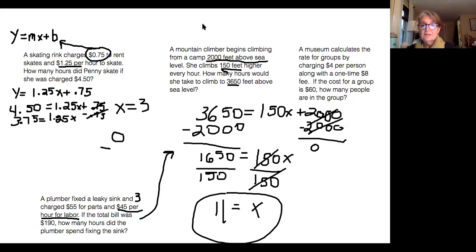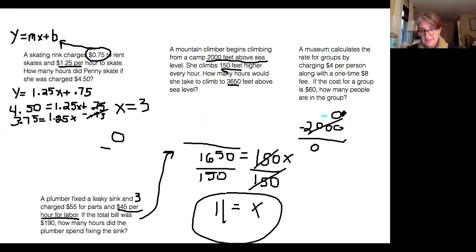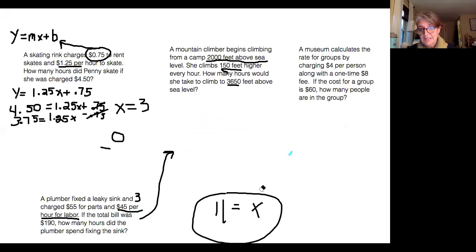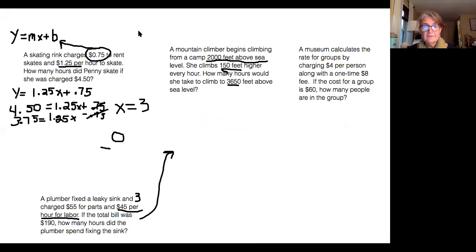Okay? Last problem like this, so we're just going to get rid of all this, is about a trip to the museum. Very fun. Let's do that. It says the museum calculates the rate for groups by charging $4 per person.